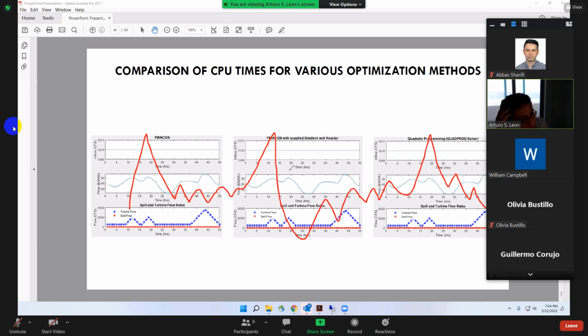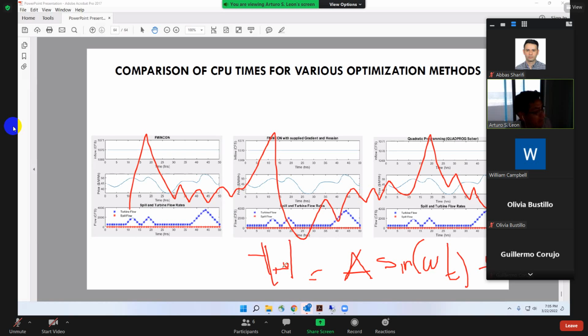We also know that the tidal can be described as a coefficient A, sine of W, the frequency, times time, plus a coefficient B. This is the head, the tidal elevation. The water elevation is A sine WT plus B. And I ask you, find the values of A, W, and B.